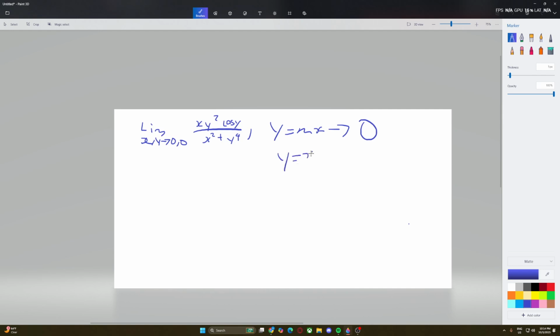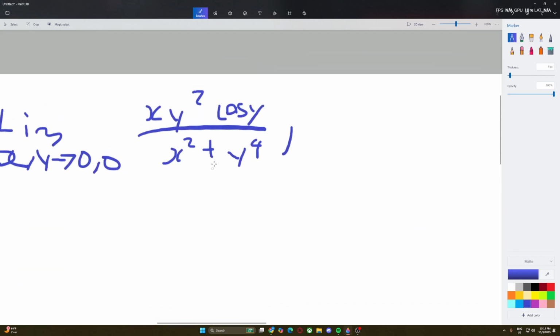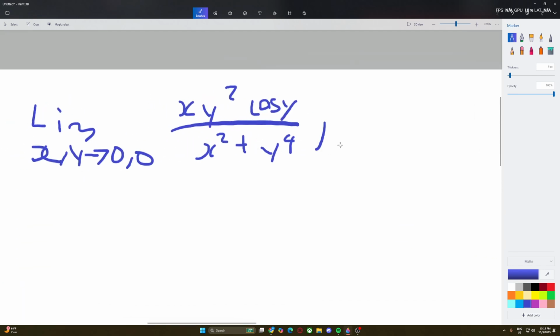So you really have to think about which path will definitely prove that there are changing values. I was thinking this y to the 4th and y squared is a major problem.